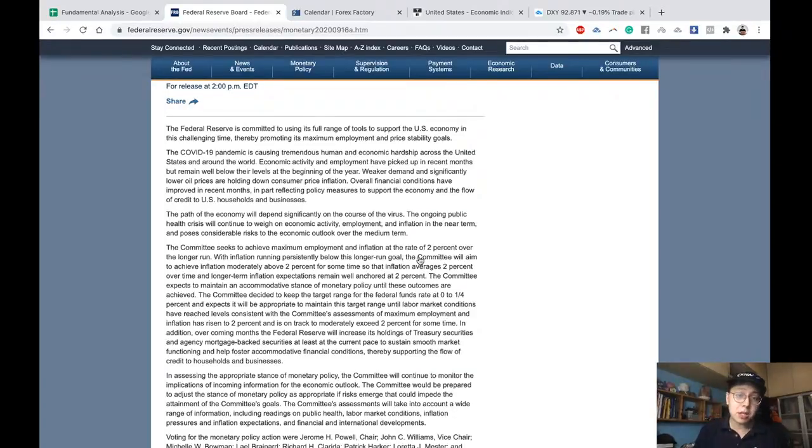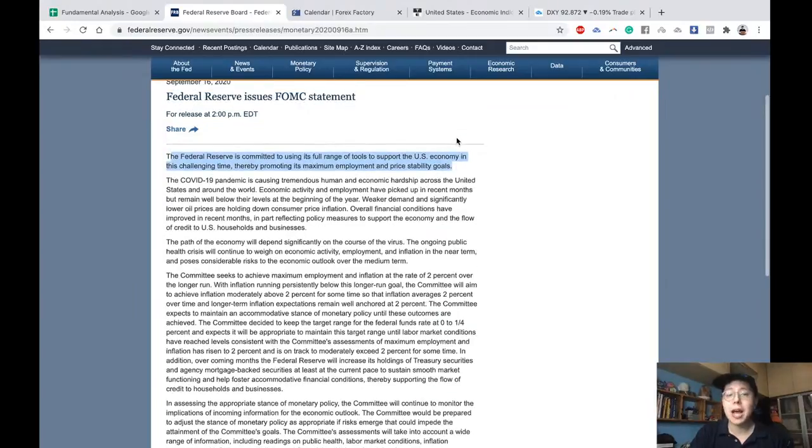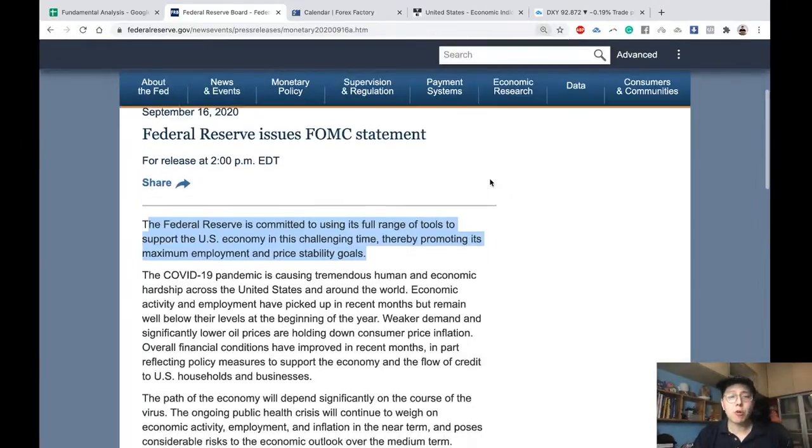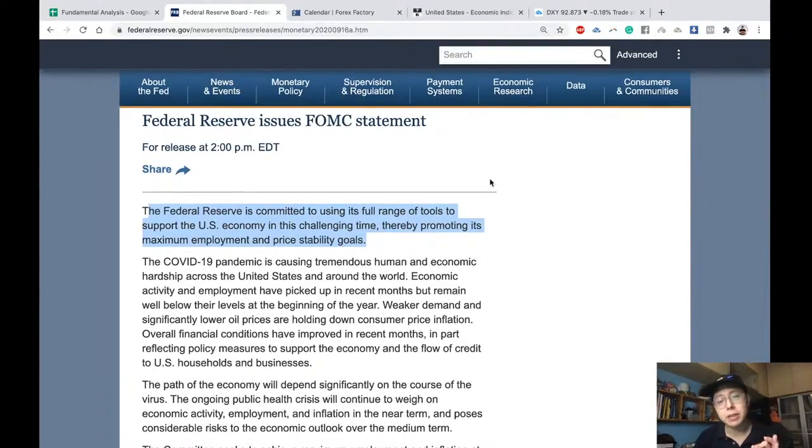Let me go through it. Of course, we won't read out the entire statement, but we'll skim through a little bit. The first paragraph that I highlighted already explains the objective, the KPI that we talked about. Let me zoom in a little bit. Take a look at this: the Federal Reserve is committed to using its tools to support the US economy to do what?